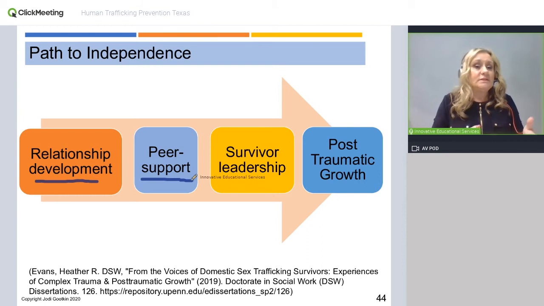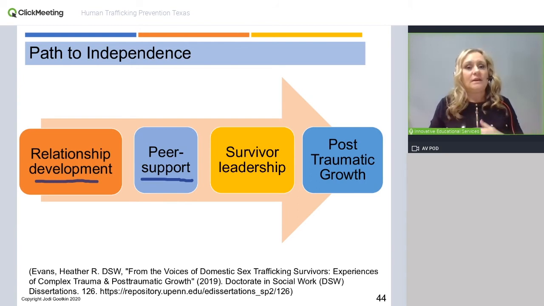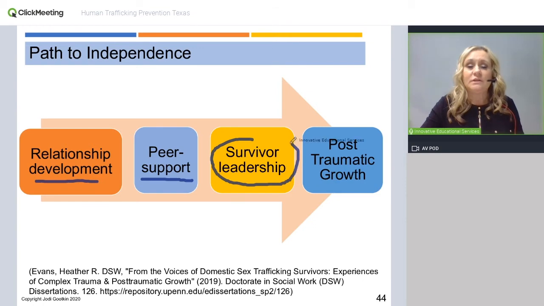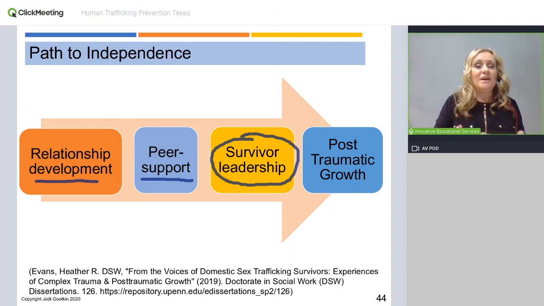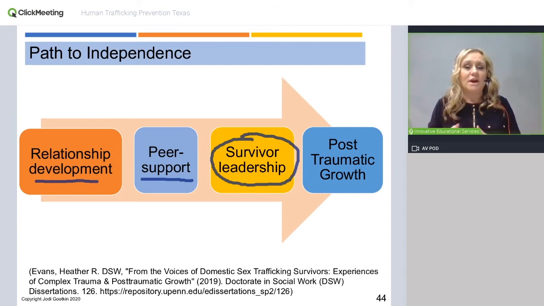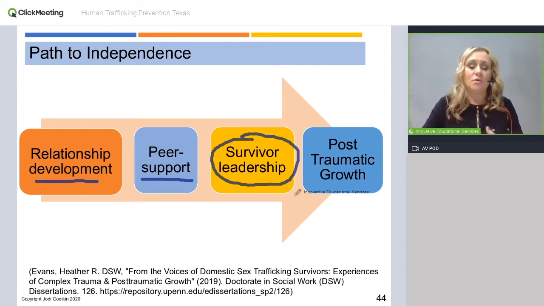Peer support is something they have been deprived of and may have been an initial vulnerability, so now that needs to be incorporated as an instrument for healing. It's been recognized that survivor leadership plays a significant role in reestablishing a healthy life, that helping others helps the individual progress along their path, ultimately getting to post-traumatic growth and establishing their new life.